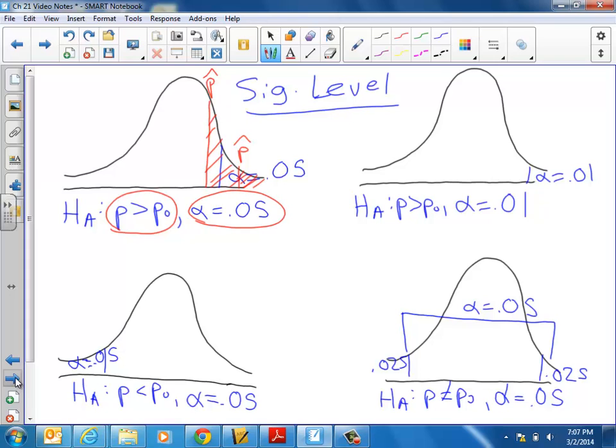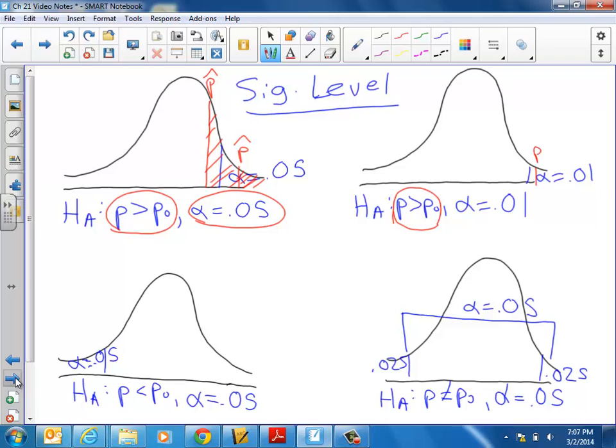0.05 is a really common significance level, a really common alpha value to do a test with. You could go even more extreme. You could say, okay, when I'm checking against an alternative hypothesis that the true population proportion is greater than the null hypothesis proportion, let's check to see if our p-value is less than or equal to 0.01.